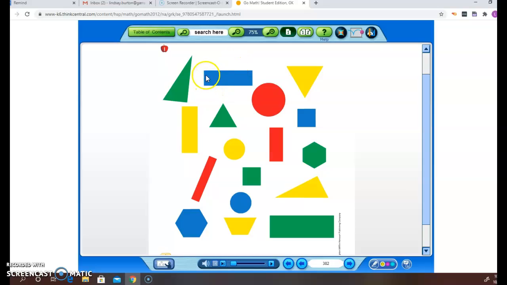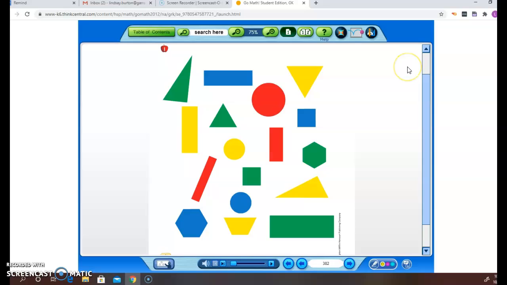But what about this shape? It has 4 sides. Is it a square? No, it is a rectangle because look, these 2 sides are short and these 2 sides are long. So that's kind of what we're going to be thinking about as we look at each shape on this page. We're going to be checking to see if it has 4 sides. That means it could be a rectangle, but the next thing we're going to think about is, does it have 2 short sides and 2 long sides?